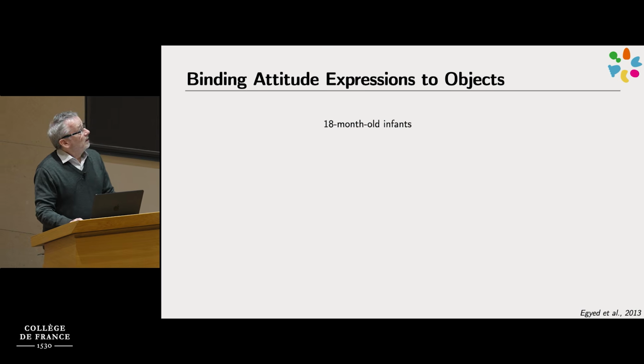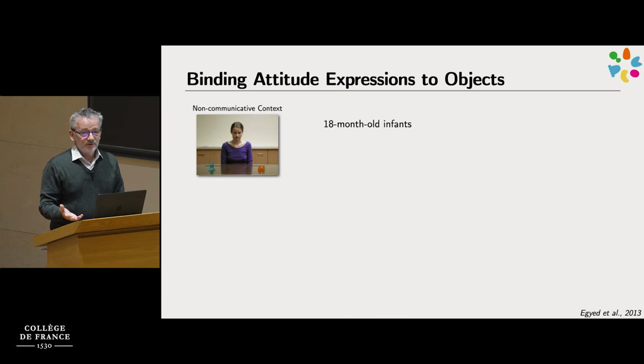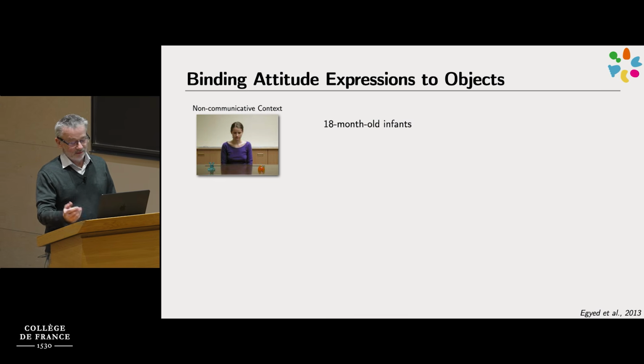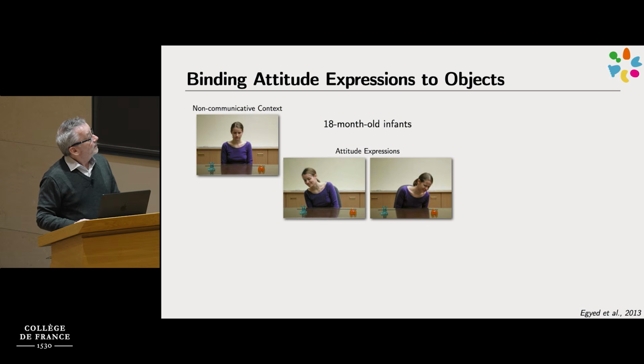In this live study, infants are faced with a person who is not communicating with them initially, and there are two objects on the table. Then this person looks at one of the objects in a positive way, expressing delight about this object, and at the other object with a negative attitude, disgust.